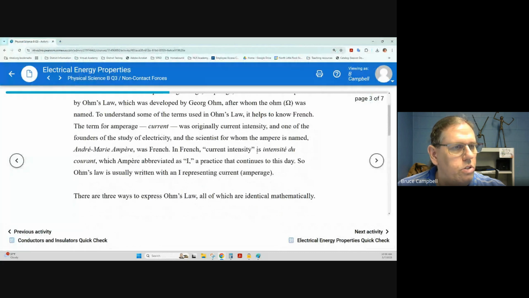Would you be able to read that? Because this is why it's French, this is why I is current and not C. Any chance that you could read this? I read it as intensité du courant, which I'm sure is wrong. Dimitri, can you help me out on that?